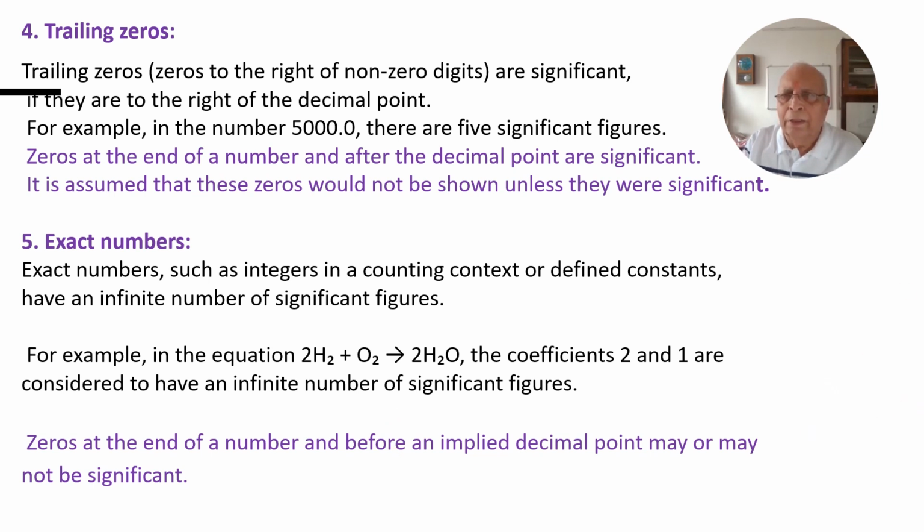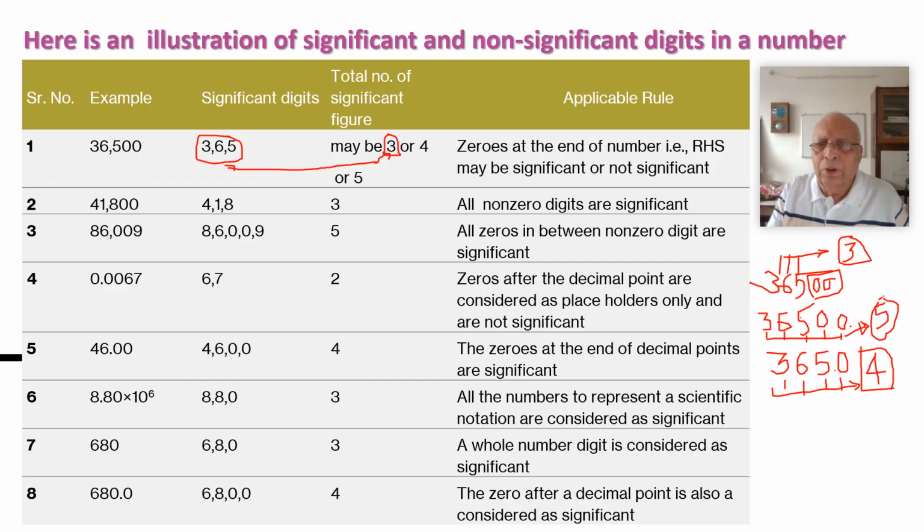And then here is a table which represents an illustration of significant figures and non-significant digits. 36500 actually has three significant figures. These are 3, 6, 5. But suppose I write 36500 as placed here.